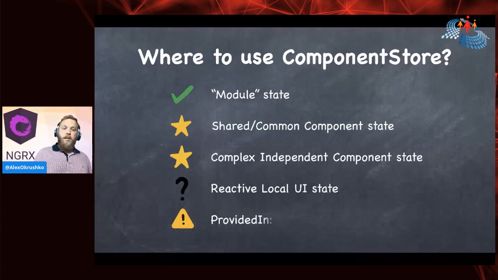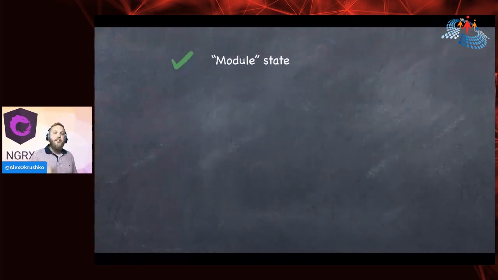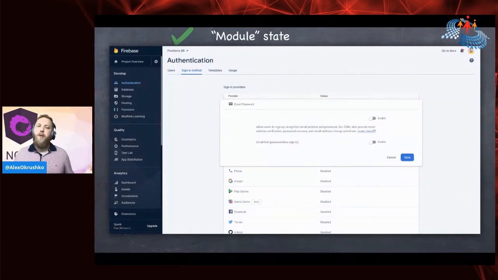Reactive local UI state as well. And the last one is provided in root. I put the warning sign there. Component store is designed to be used with the component lifecycle. You can, in theory, provide it in root, and there are some cases for it, but be very careful with that.